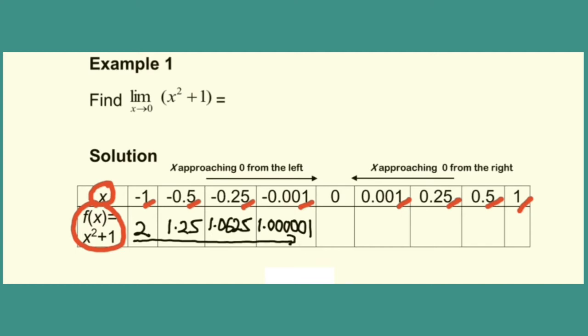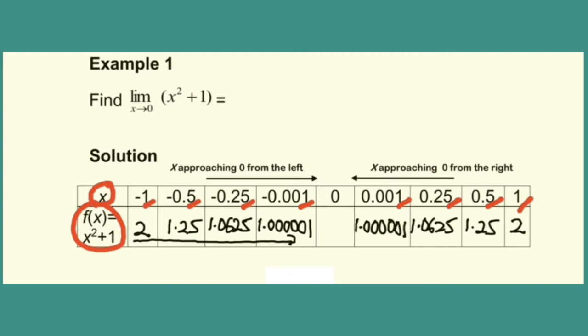When x approaches 0 from the right, for x equal to 1, f(x) equals 1 squared plus 1, which is 2. For 0.5, this is 1.25. For x equal to 0.25, f(x) is 1.0625. And for x equal to 0.001, f(x) is 1.000001.